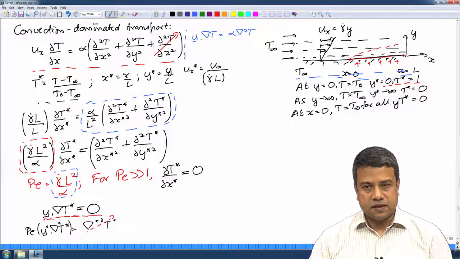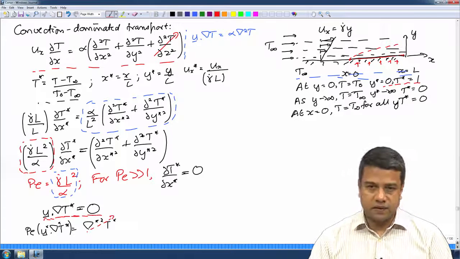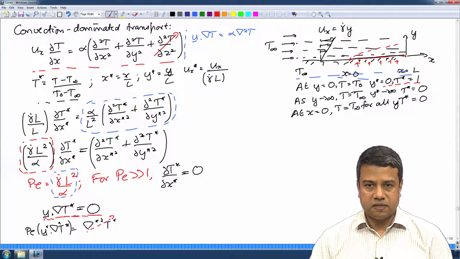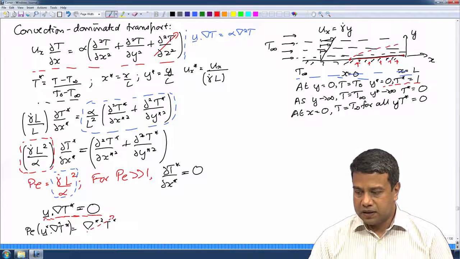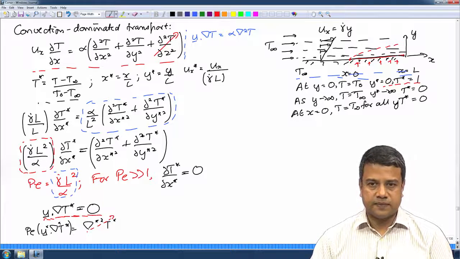Near the surface, the concentration or the energy is being swept downstream by the flow, and it is diffusing from the surface. Because the sweeping downstream takes place much faster than diffusion in the limit of high Peclet number, the temperature disturbance or the concentration disturbance is going to be restricted to only a thin region near the surface.